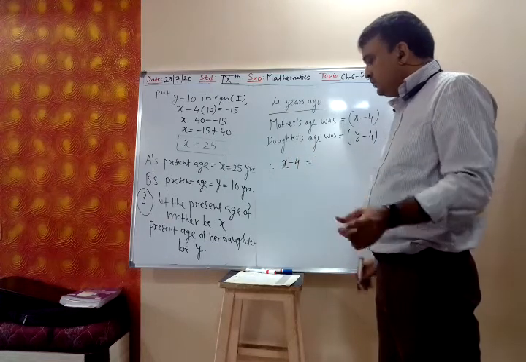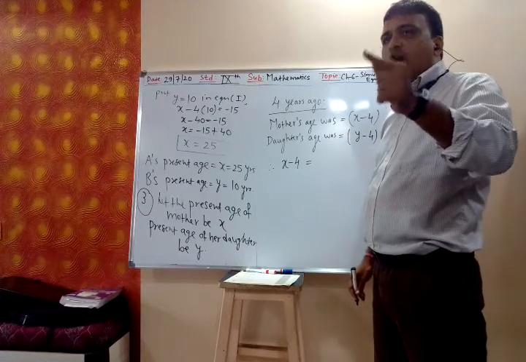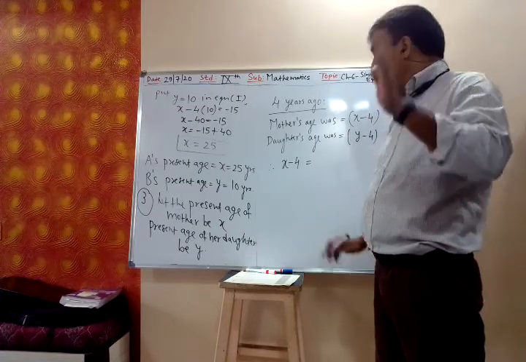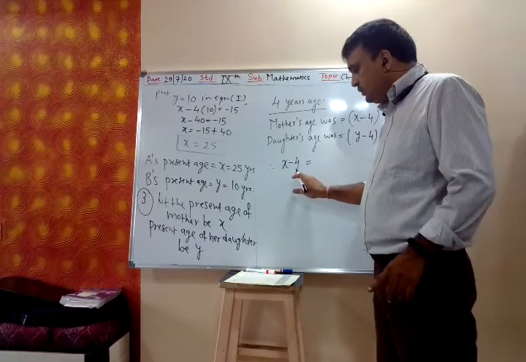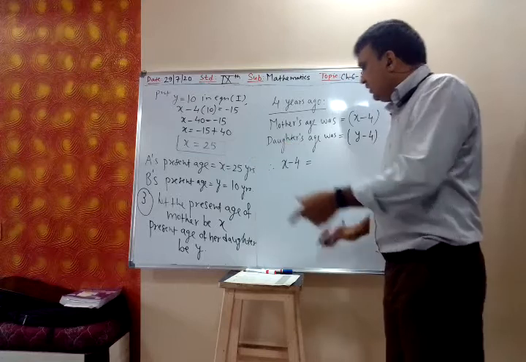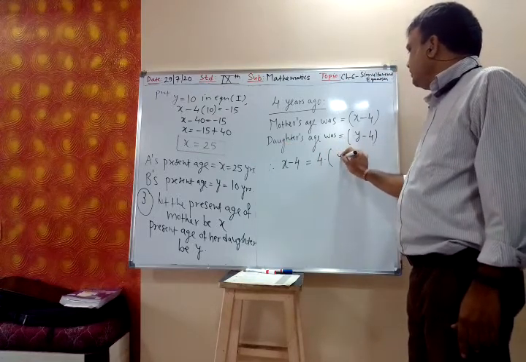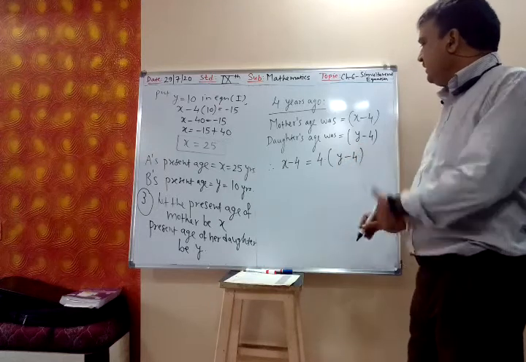Was means equal to. Remember, was, will be mean equal to. The mother's age was 4 times as old as her daughter, so 4 times the age of the daughter, that is y minus 4. Now we solve this and get equation 1.